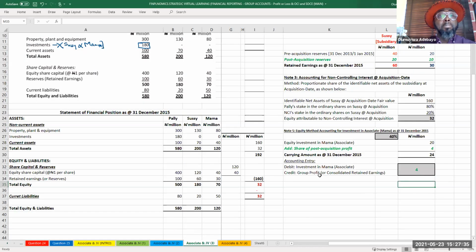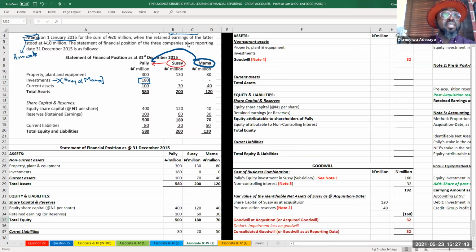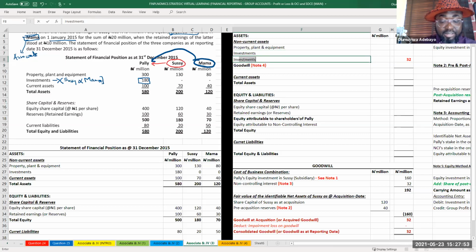Now that is that. Now, what that means that we can come here to show our investments in associates. Okay, I'll leave this first investment. I'll come here, investment in what? Associates. Not 5.